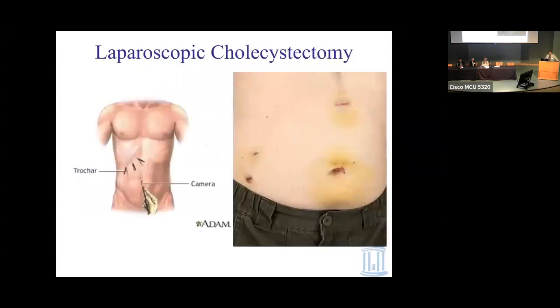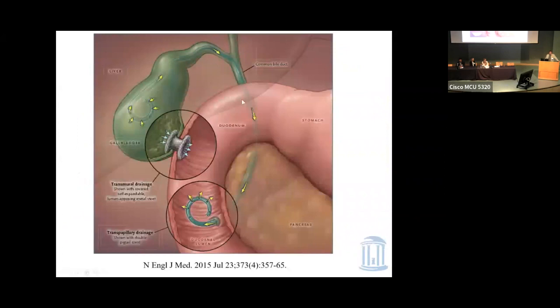We're all familiar with laparoscopic cholecystectomy as being the gold standard for treatment of gallbladder disease. But let's talk about the endoscopic approaches. So there are two basic endoscopic approaches for treatment of cholecystitis or symptomatic gallbladder disease.